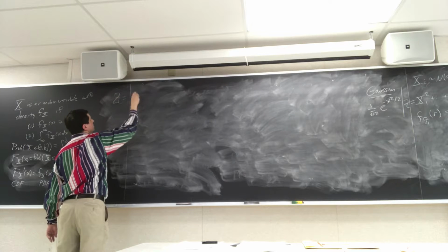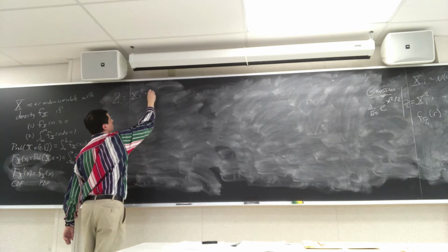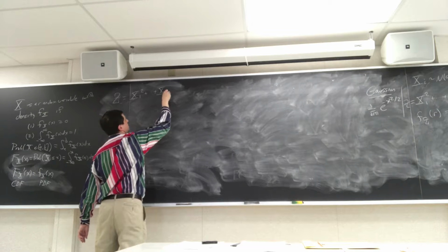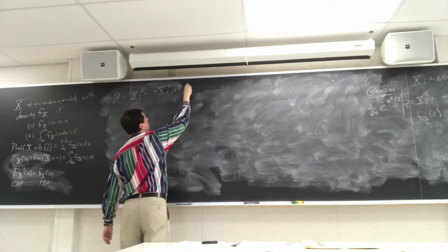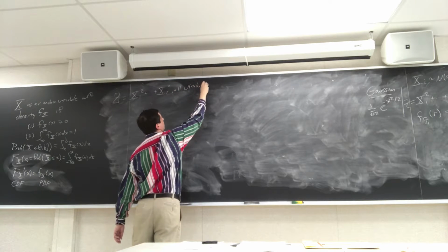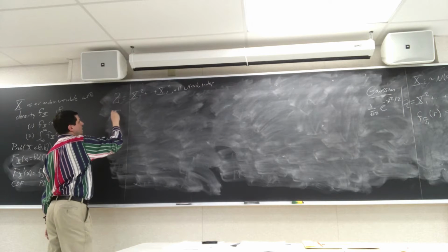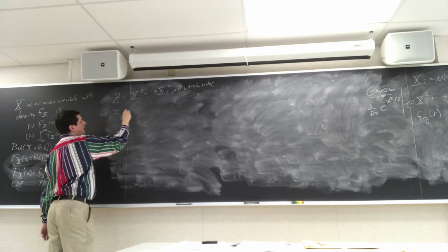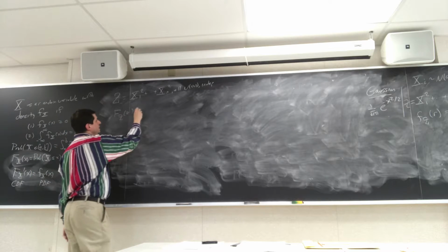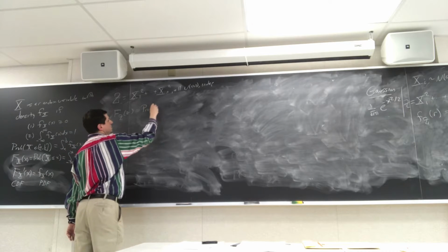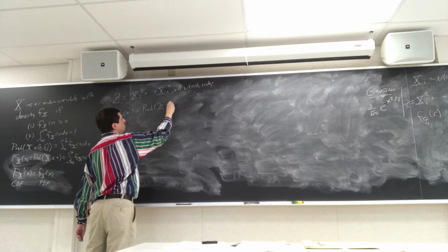So let's let z be our x1 squared plus xn squared, all are normal random variables. They're all independent. So if I want to look at the cumulative distribution function, this is the probability that big Z is at most little z.